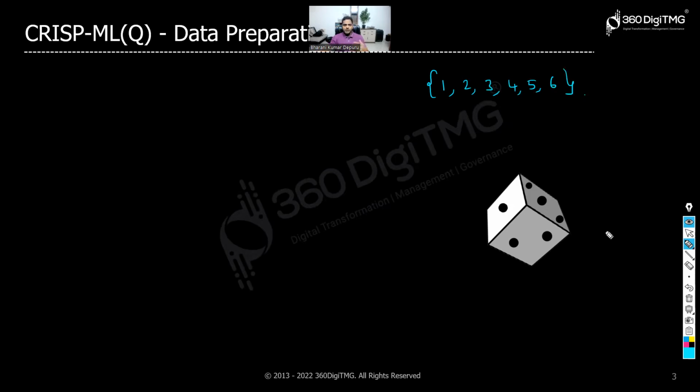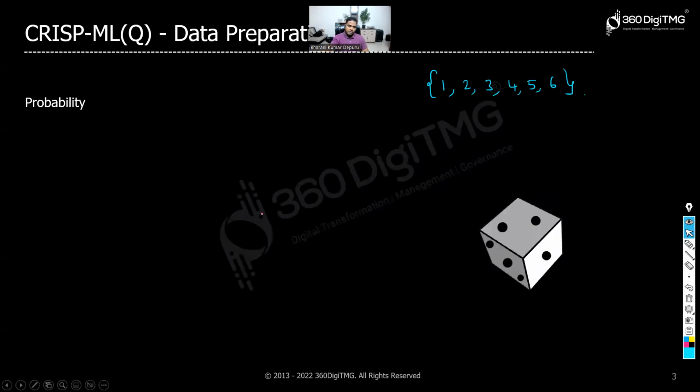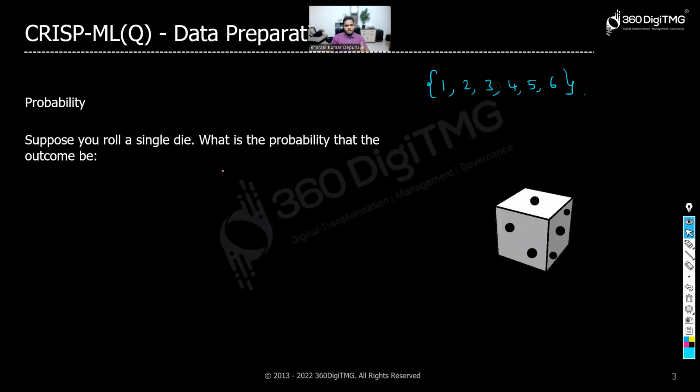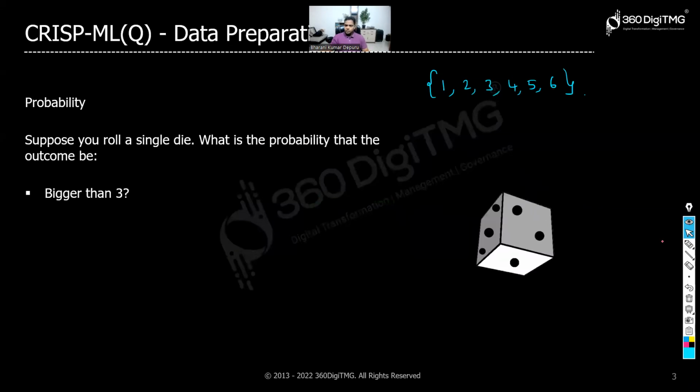Die is singular, dice is plural. I'm sure you are aware of that. Suppose you roll a die, and the question we want to solve is: what is the probability that the outcome will be bigger than 3?